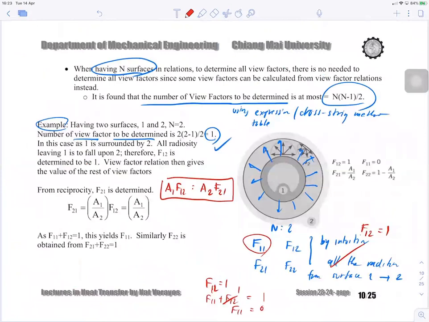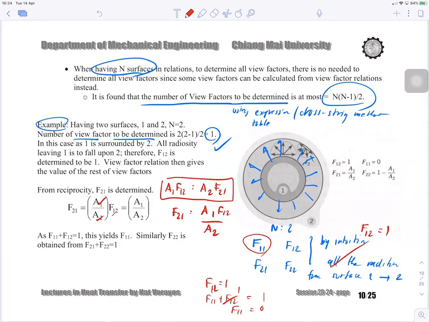So F21 is going to be equal to A1 F12 divided by A2. You just substitute A1, A2, and F12, because F12 equals 1.